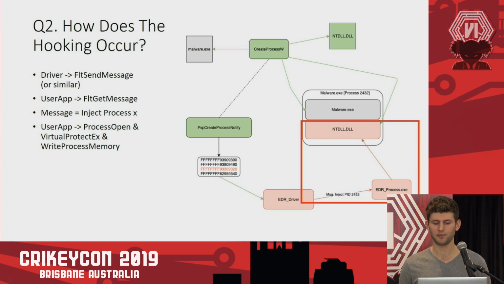So at that point, the EDR process will do things like open the process and call VirtualProtectEx to remove the read-only protections on NTDLL. Then it'll call WriteProcessMemory to overwrite or patch NTDLL. It'll inject its own DLL in there. And as we saw before, patch NTDLL to jump to its own DLL. And then it will call VirtualProtectEx again to restore the original protections on that DLL.